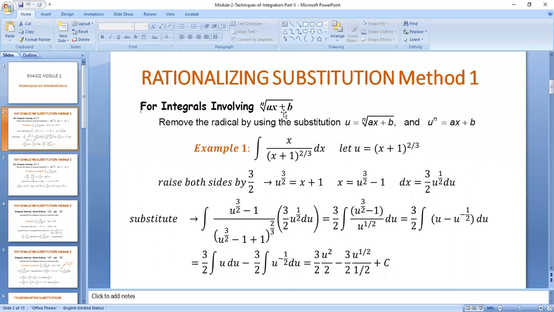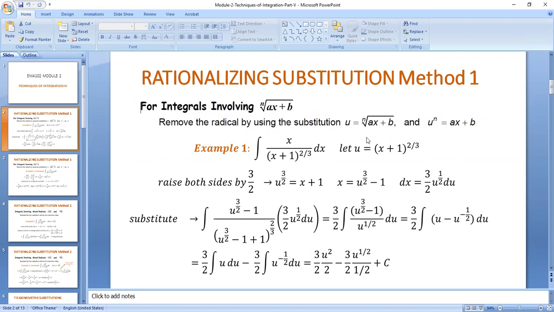The first thing that you need to do is assign a new variable to this nth root expression, then eliminate the nth root by raising the substitution equation to an exponent or power which is the reciprocal of your nth root. That way you get rid of the nth root expression.